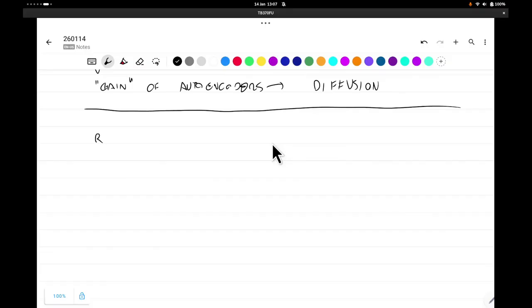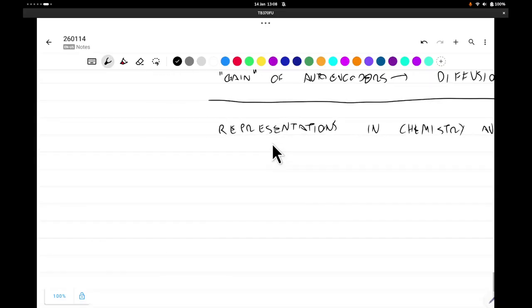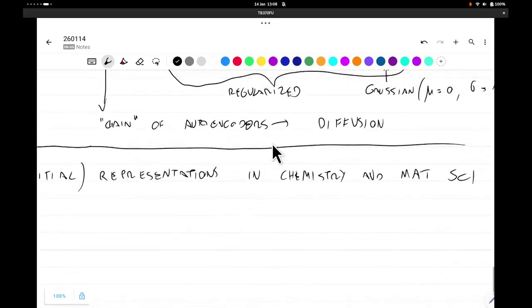So I want to talk about representation in chemistry and material science. What I'm actually after here is the initial representation, meaning the following.